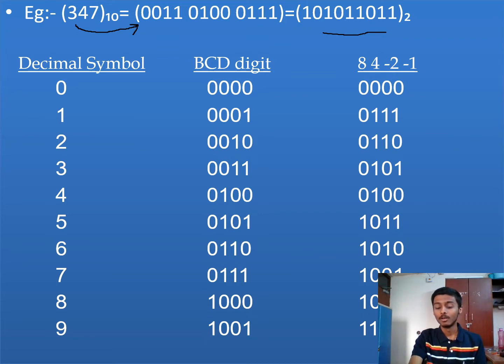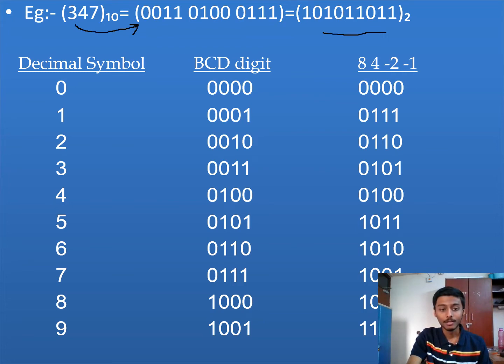Now it's easier to introduce another coding, that is 8-4-2-1 coding. It is very similar to BCD coding, and the difference is just in how we give weight to each digit. We will take one example, it will be clearer.